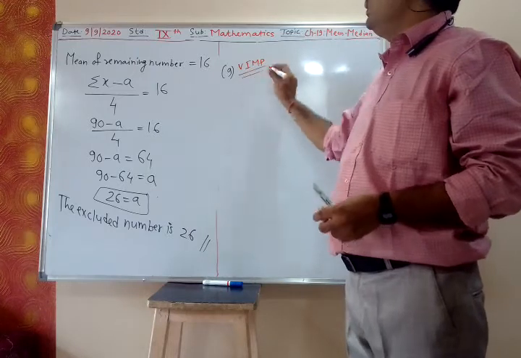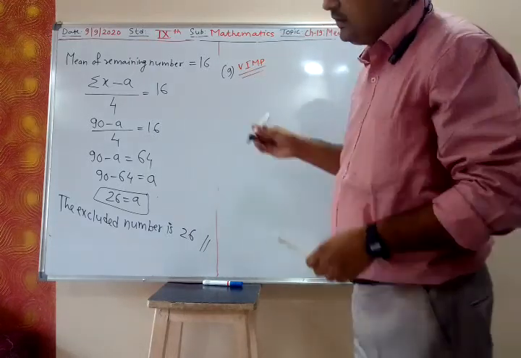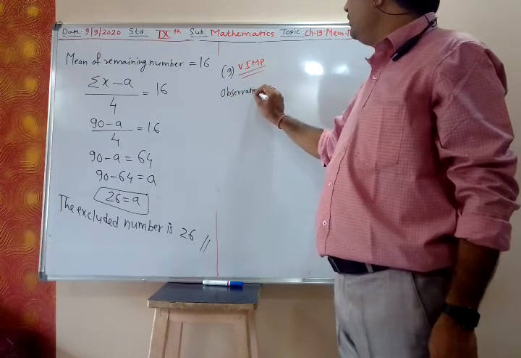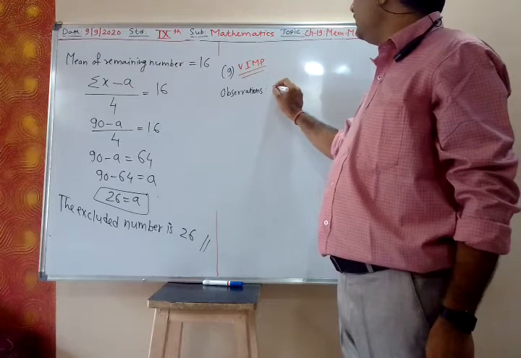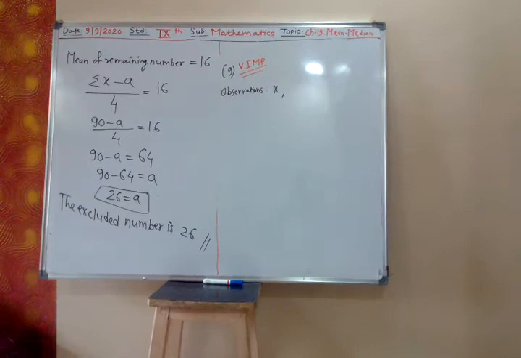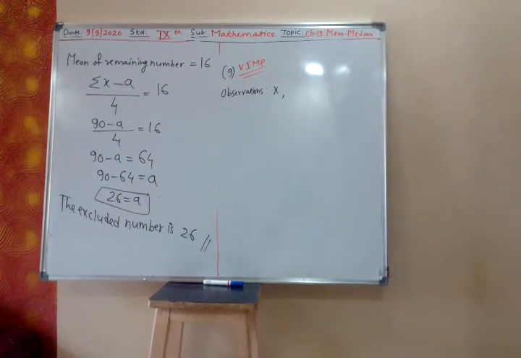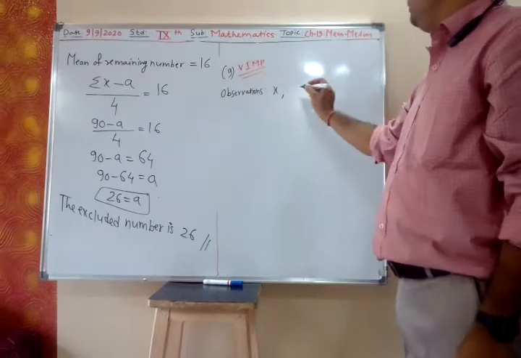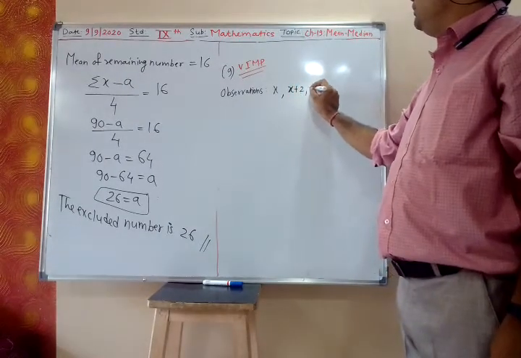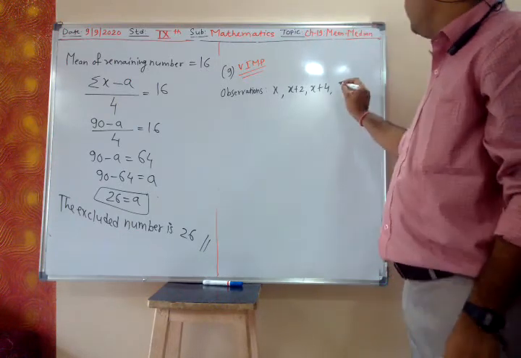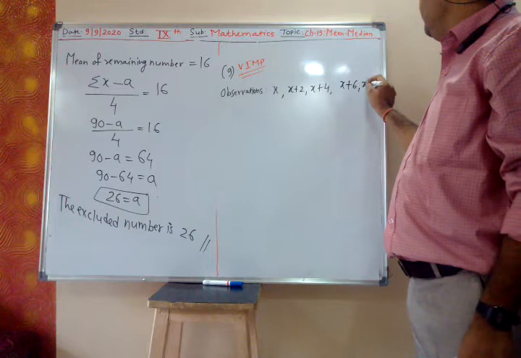The mean of observations: we are given the values of x. Observations are x, x plus 2, x plus 4, x plus 6 and x plus 8.